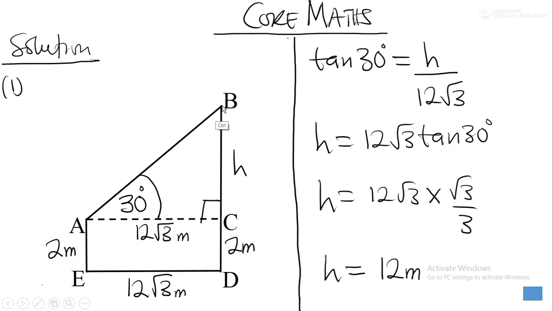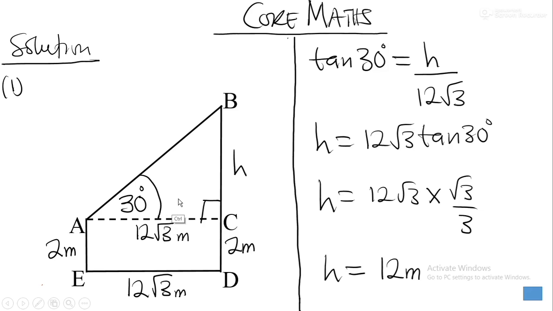So it means that we need BC. Okay, good. Now to make our calculation simpler, we are using the letter H here to represent BC. Good. So now the next thing for you to do is to look for the appropriate trig ratio that connects the H to the 12 root 3 and then the 30 degree angle.